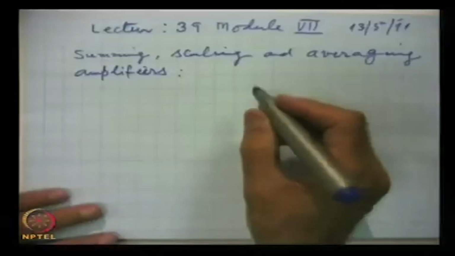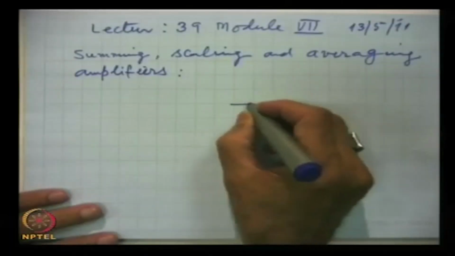Now, the inputs can be more than one. Maybe 2, 3, 4, 5, 6, or it can be 8 or 10, but just to make the diagram simpler, we take 3 inputs, and when we use the inverting configuration, then this circuit is this.